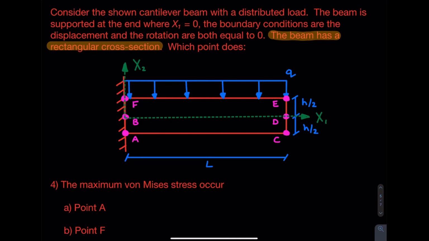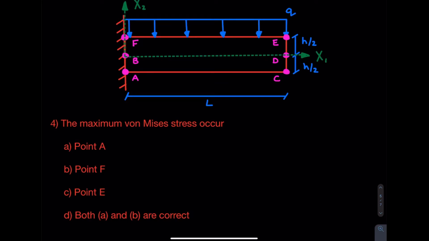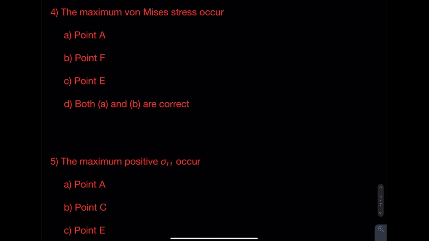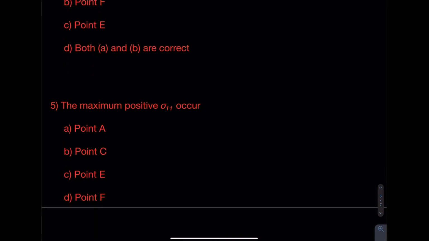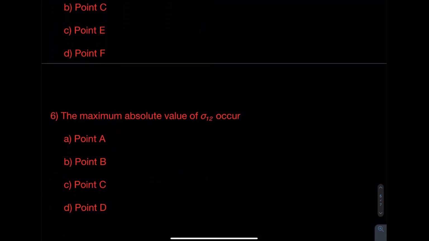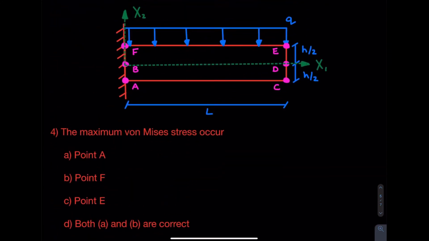Question number 4 asks where the maximum von Mises stress occurs. Question number 5 asks where the maximum positive sigma 11 occurs. And question number 6 asks where the maximum absolute value of sigma 12 occurs. As we can see on this beam, written in pink, we have 6 different points to choose from, at very select locations.